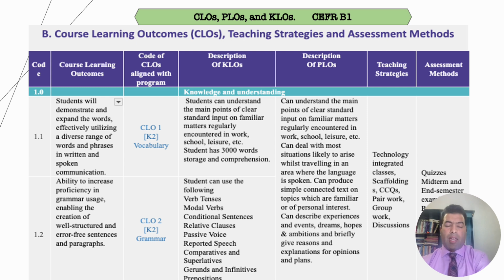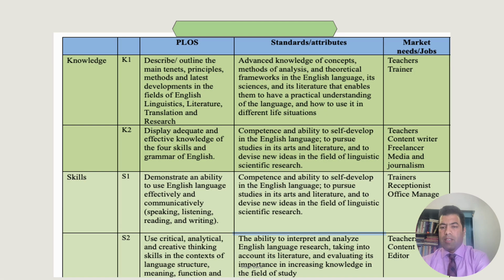If we take an example from thesis writing, at the end of the program the student should implement things, or practically apply the knowledge in the field. Here we are talking about employability and national and international standards. For example, take the BS students' knowledge.